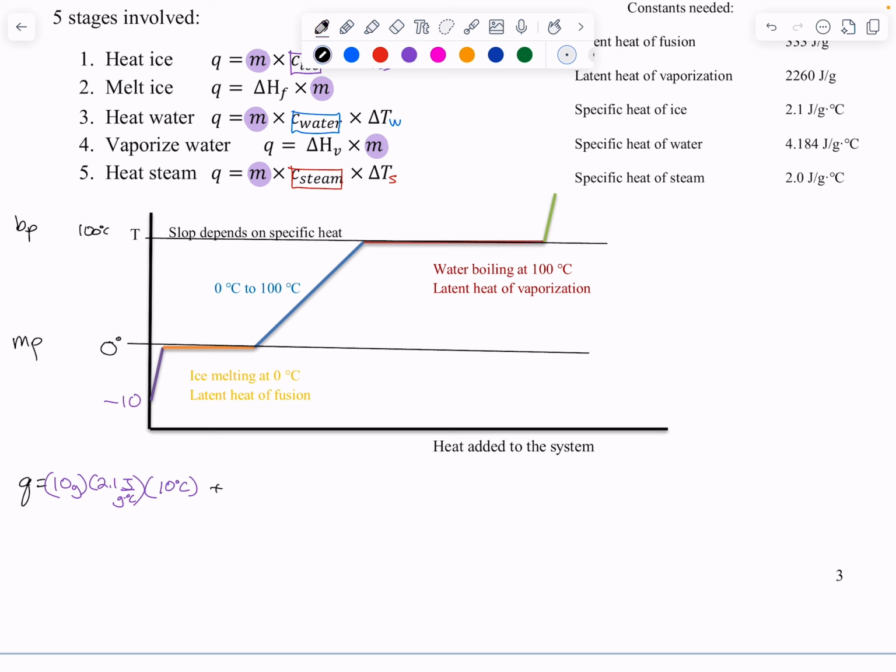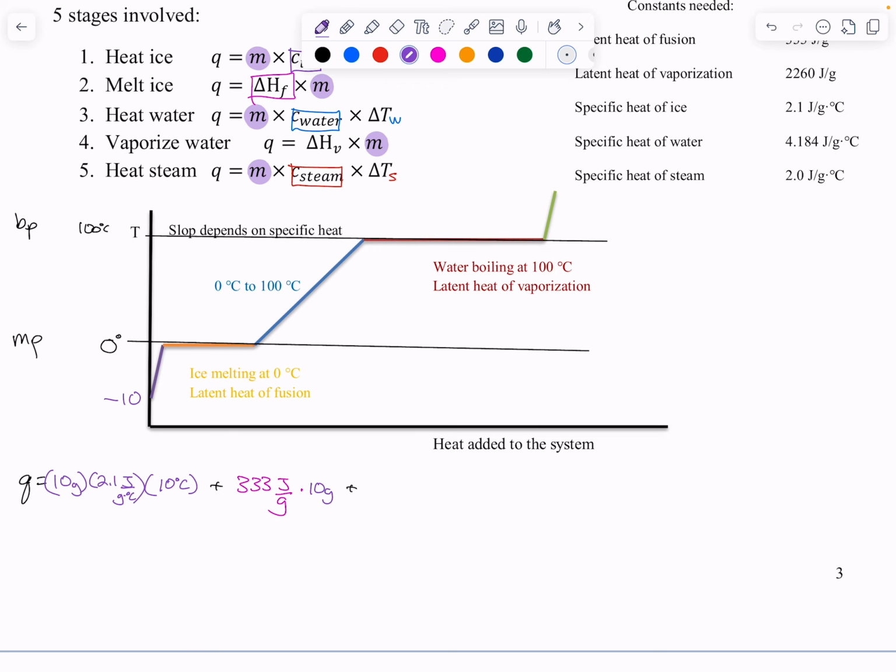Plus melting the ice, I got 333 joules per gram, that's delta HF, times our 10 grams. Plus, still 10 grams, but now the specific heat is 4.184 joules per gram degrees Celsius, and it's 100 degrees Celsius minus 0 degrees Celsius, 100 degrees Celsius.